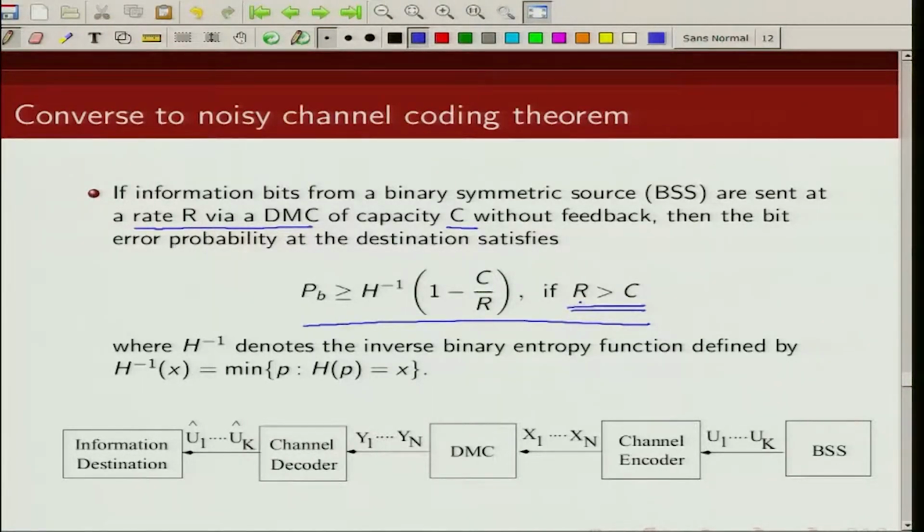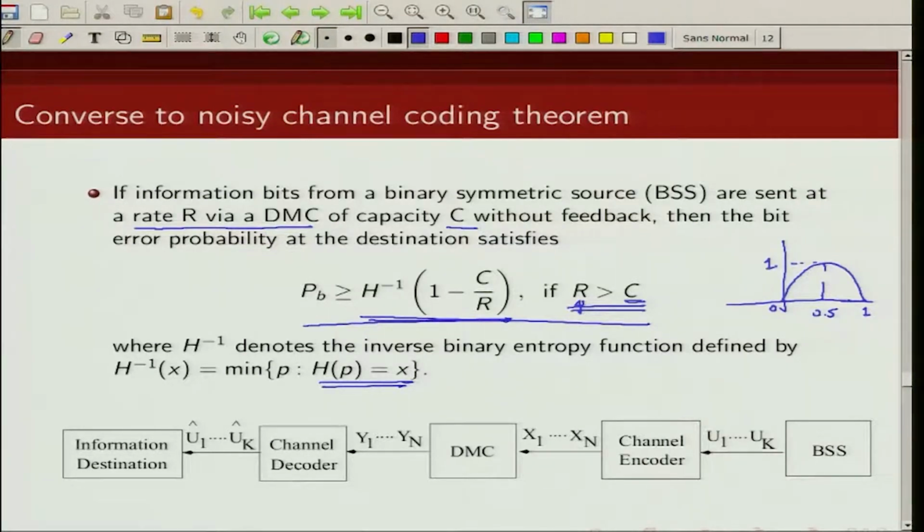So if the transmission rate is above channel capacity, then probability of error is lower bounded by a quantity which is non-zero. And this h of p is nothing but our binary entropy function. If you recall, a binary entropy function looks like this, 0 to 1 at 0.5, this is 1.